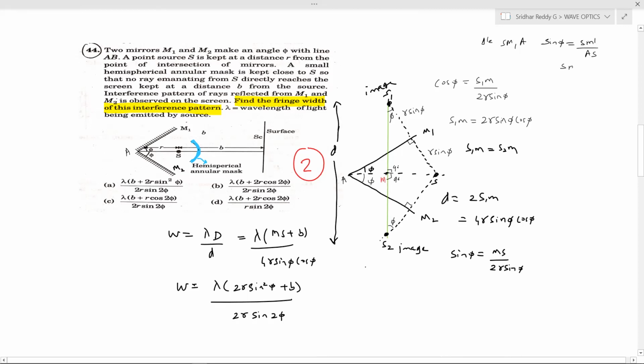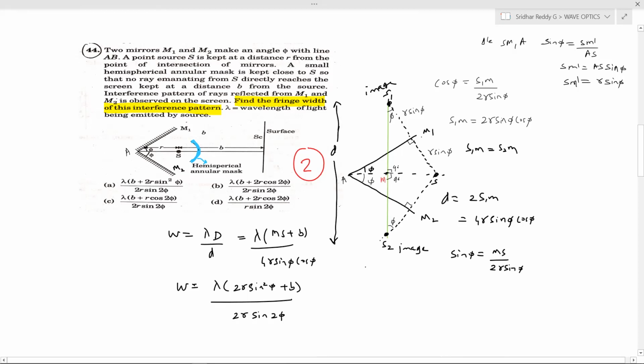So what is SM dash? AS sine phi, and AS is equal to R. So SM dash is R sine phi. Okay, I wrote it like this.